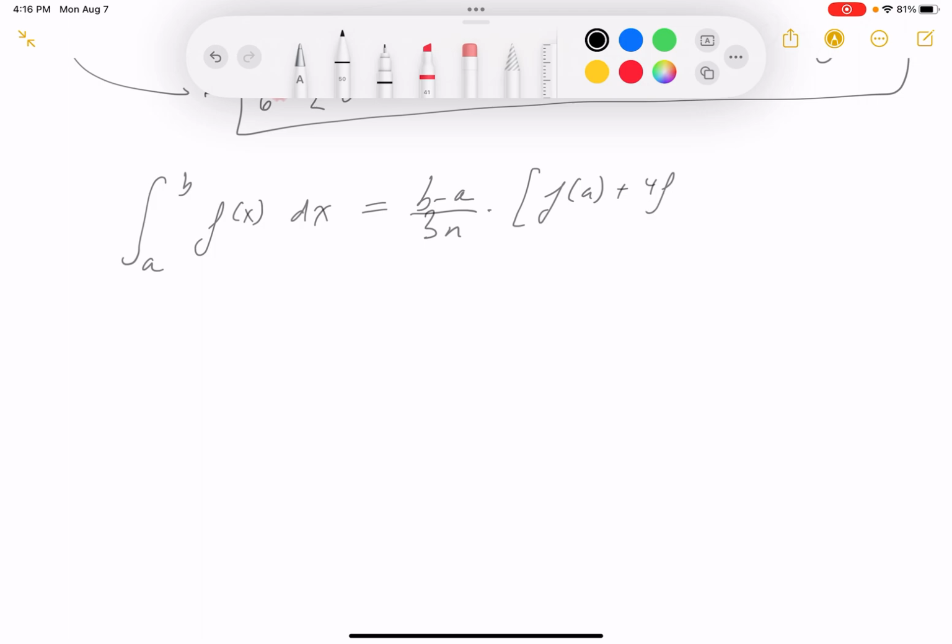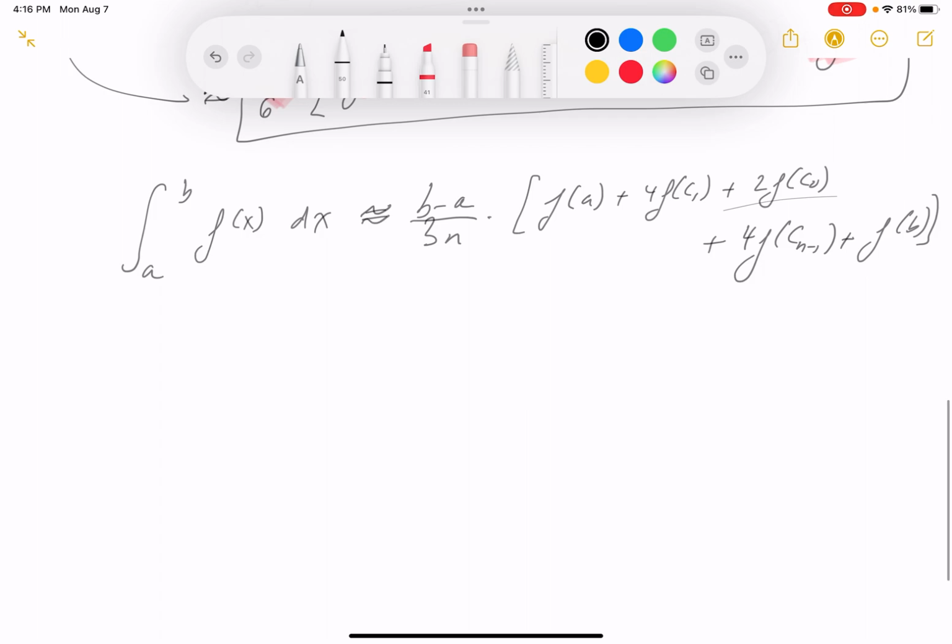So f of c1, then 2 f of c2, and then it keeps the pattern 4, 2, 4, 2 until it eventually hits the 4 f of cn minus 1. And then last but not least is going to be the f of b. And again, it's an approximation. I know I've been sloppy here, but it's an approximate value of the integral.